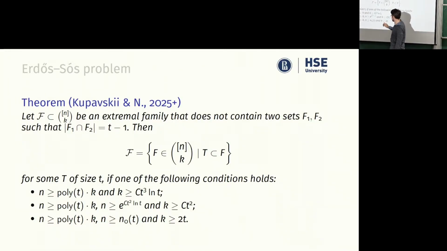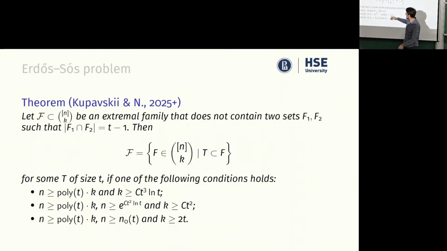And if k is around 2 times t, then you can apply the delta system techniques and again obtain this result. So there are a lot of different regimes.